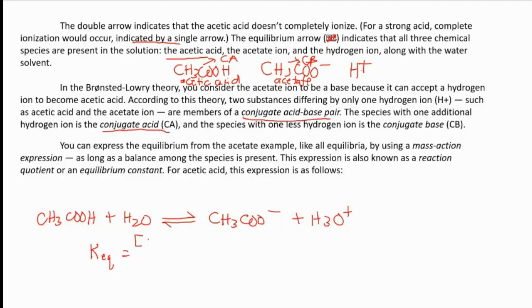We have the concentration of the acetate ion as well as the hydronium ion, divided by the denominator, CH3COOH.